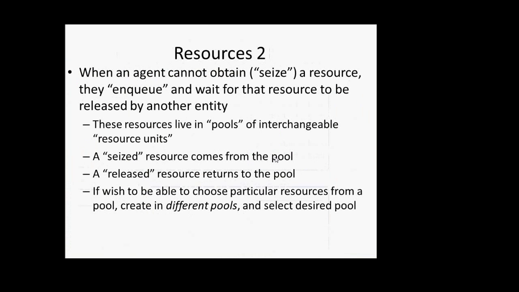These agents will try to seize resources to be able to undergo some procedure, for example. If you have clinicians who differ in some respects, like maybe a patient always gets paired up with the same clinician, the way you do that is by representing them in different pools.